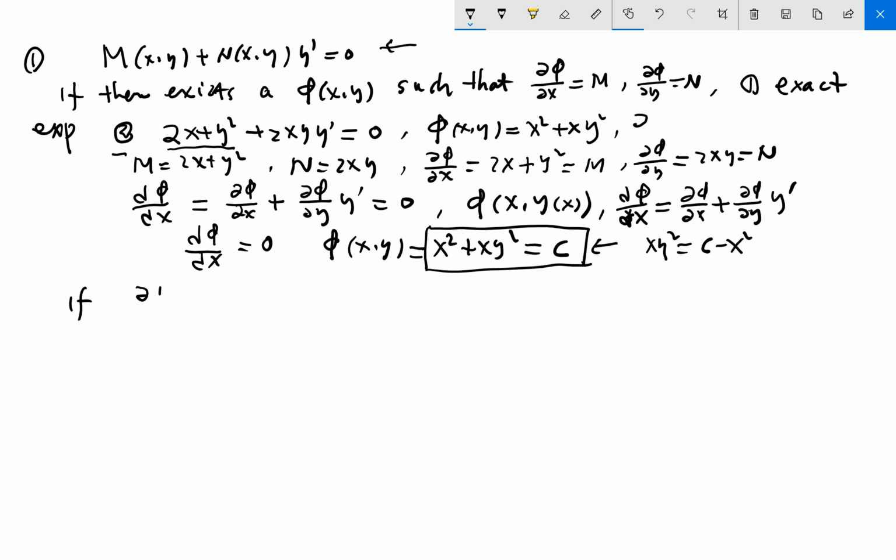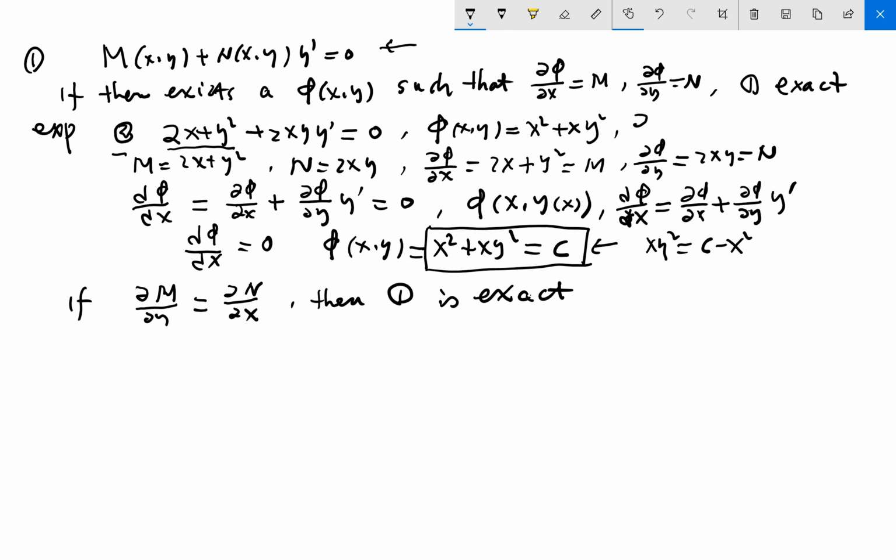You check this: if partial M with respect to y equals partial N with respect to x, then equation 1 is exact. Okay.